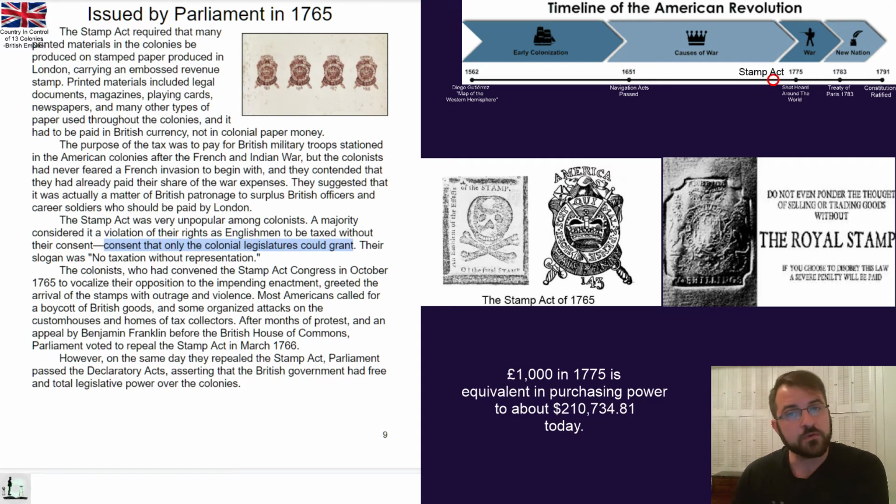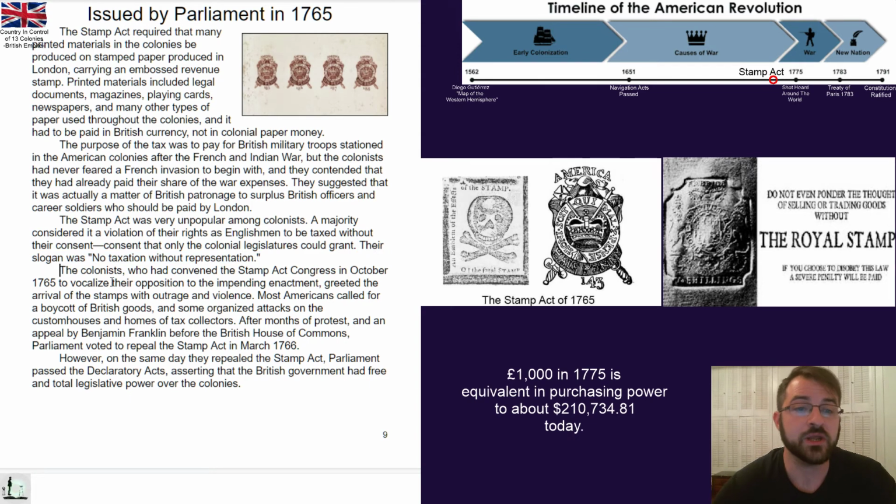They are voting for people in the colonial legislatures, therefore they can tax us. They weren't voting for people in Parliament, the British legislature. Therefore, why should they be allowed to tax them? Their slogan became, "No taxation without representation."